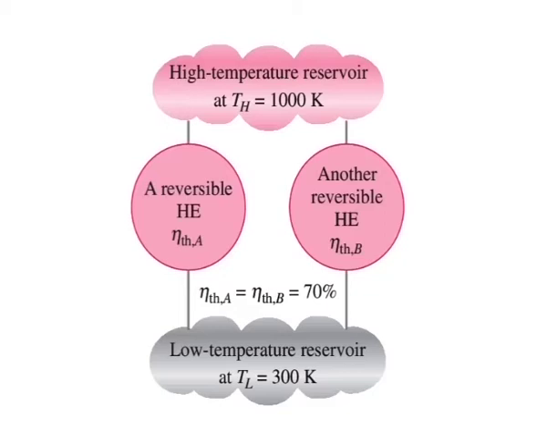Therefore, we conclude that no reversible heat engine can be more efficient than a reversible one operating between the same two reservoirs, regardless of how the cycle is completed or the kind of working fluid used.